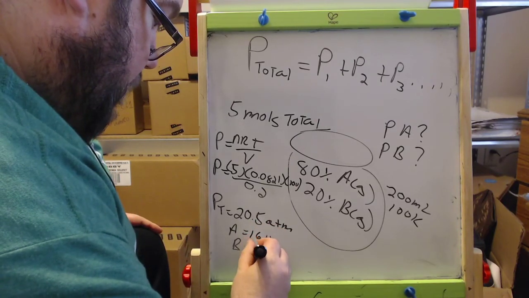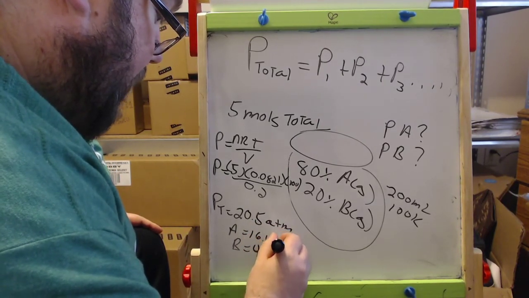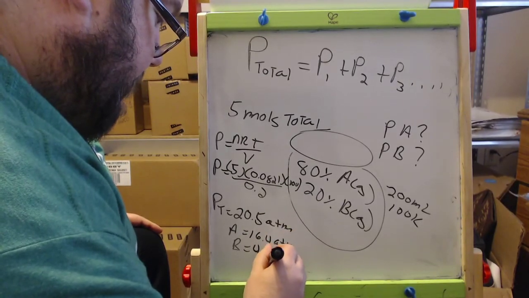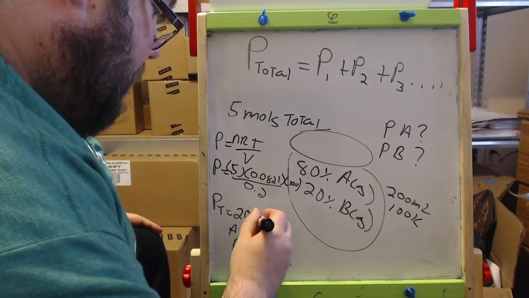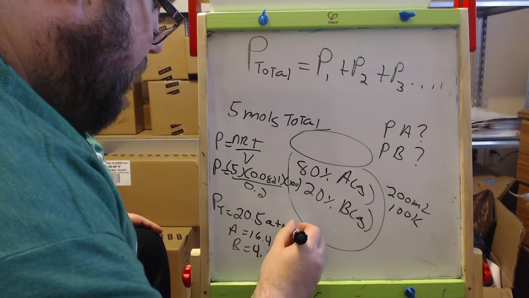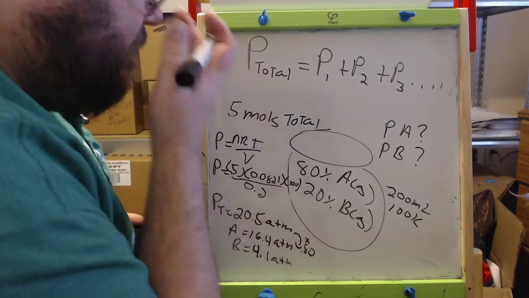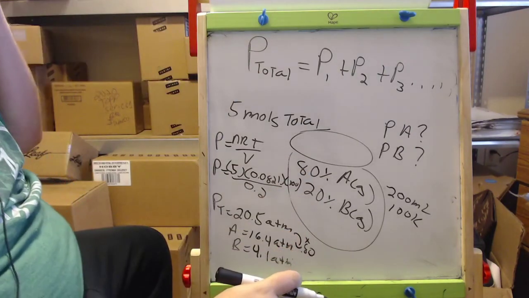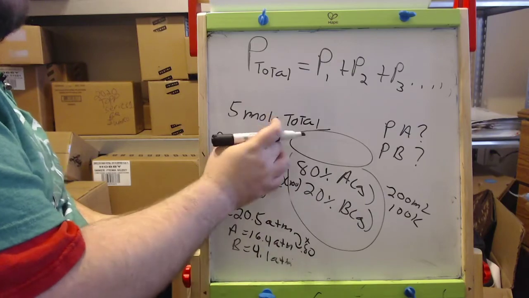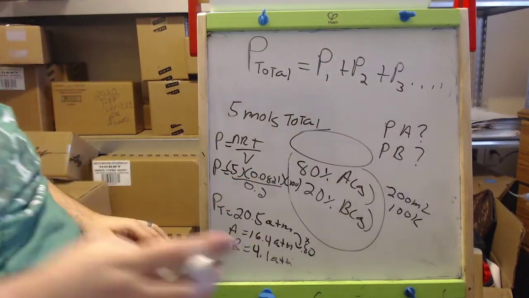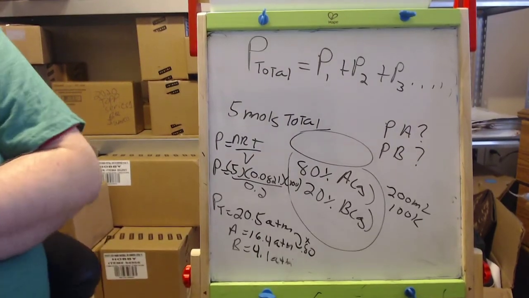And then 4.1 would be B. So all I did was take this times 80%, or times 0.8, and got the 16.4. Or the other way to do it, take the percentage of the moles originally and solve for the pressure over here. So there's two ways to do it.